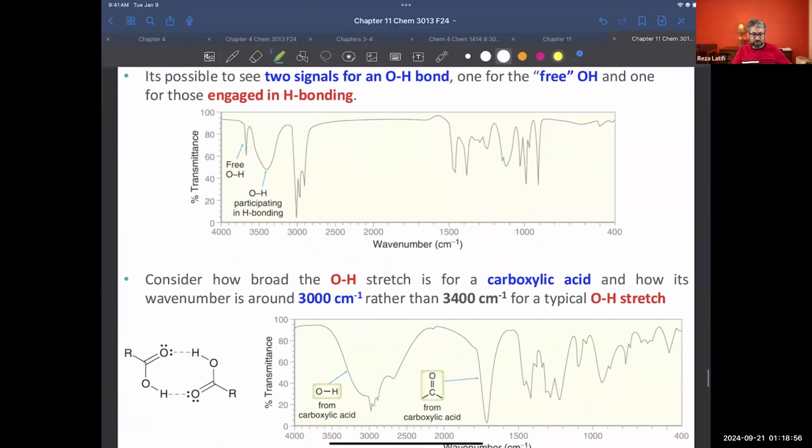So as you see here, I have OH that is free, as it's not involved in hydrogen bonding, and the shape is really narrow. But if you introduce a solvent that is capable of hydrogen bonding, then the peak will be broad.